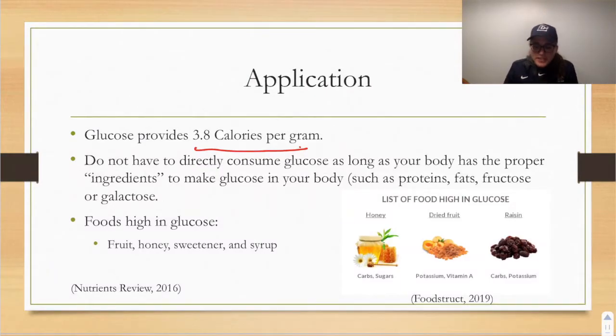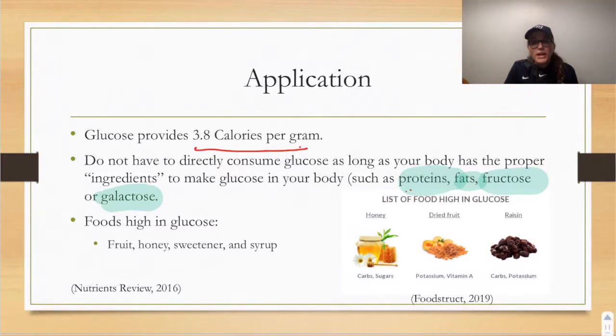And again, some of those ingredients would be stuff like proteins, let me highlight them here, proteins, fats, fructose, or even galactose. And when you think about that, let's see here. In fact, I still have some Halloween candy in here. We even have dextrose right here in my little gummy wrapper. So there's tons of ways of which you can actually make your glucose, even if you don't directly take it in.